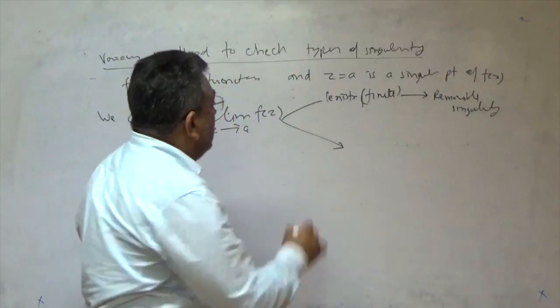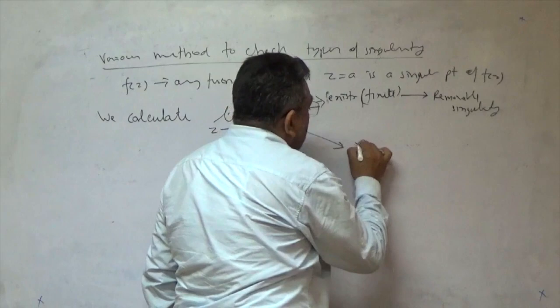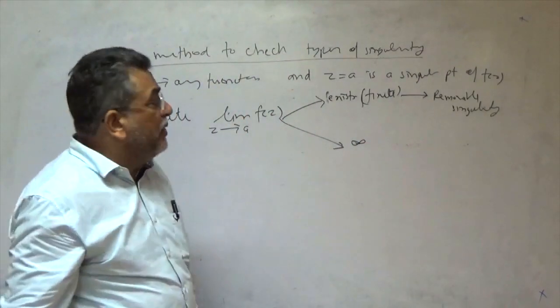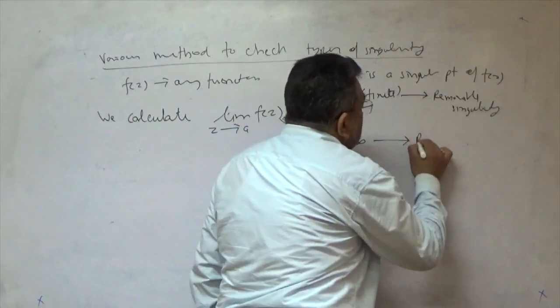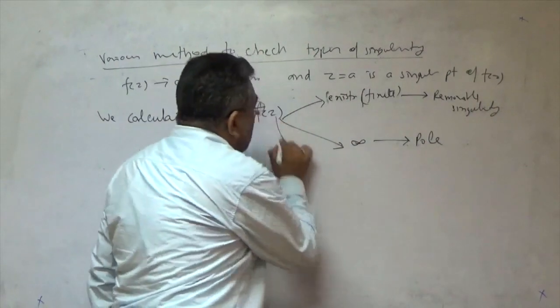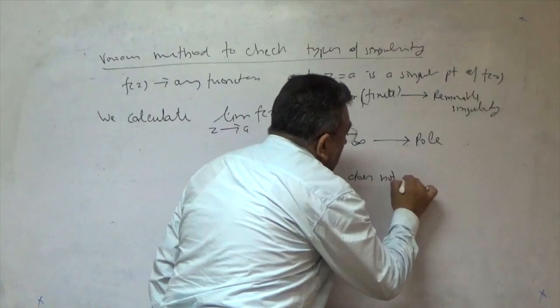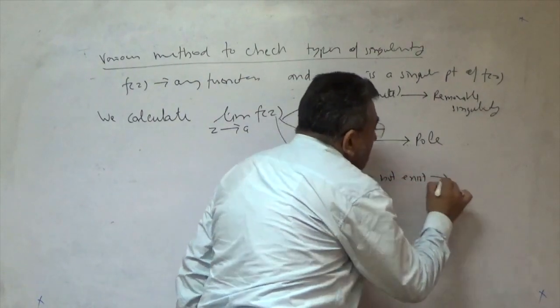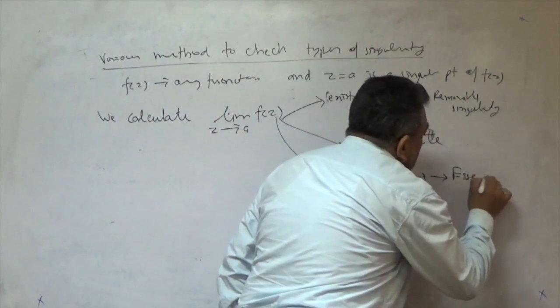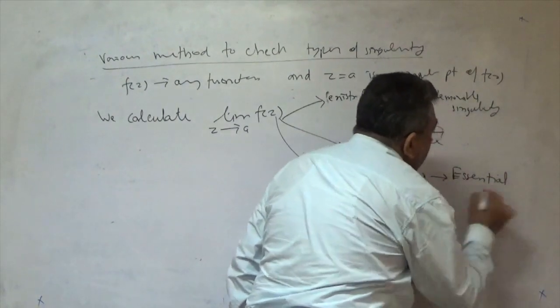Second possibility, if this limit is tending to infinity, its value is infinity, then this is a pole. Third possibility, if this limit does not exist, then this is an essential singularity.